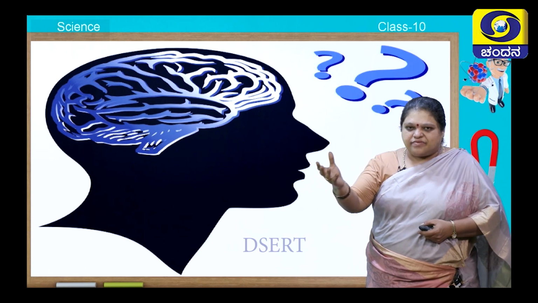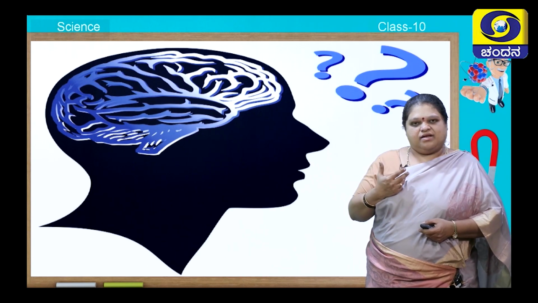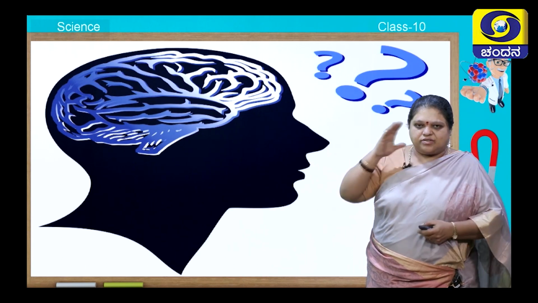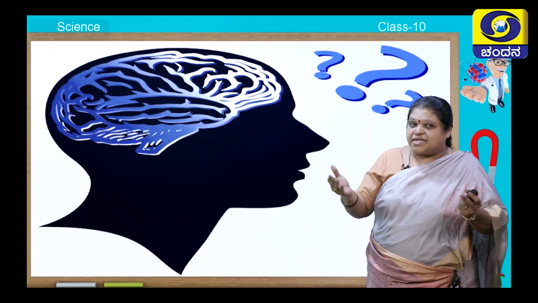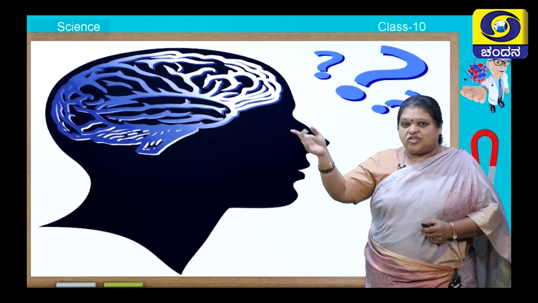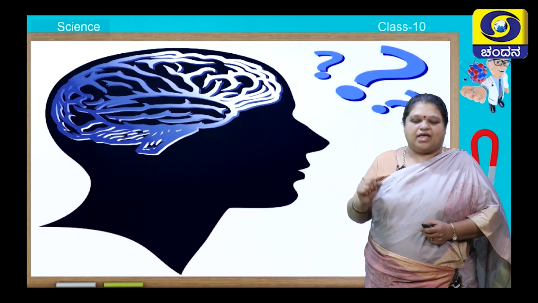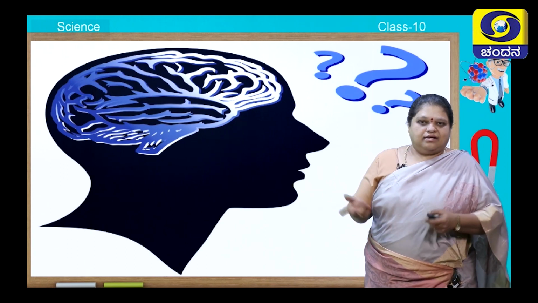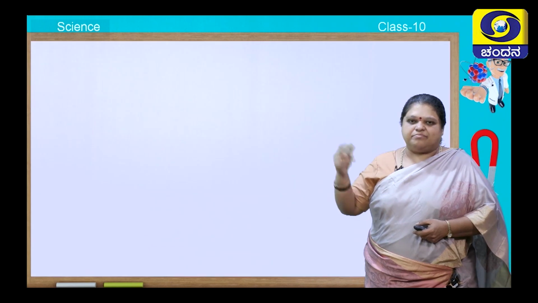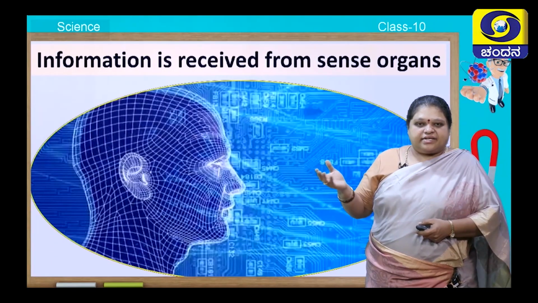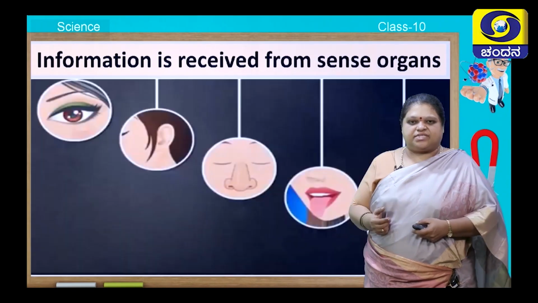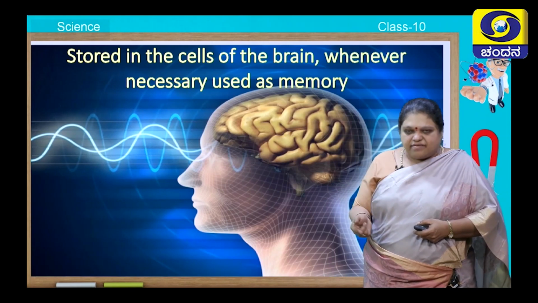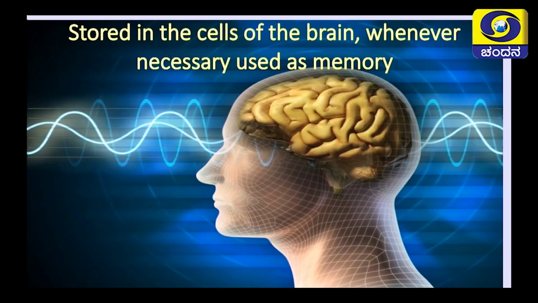It can receive impulses from various surroundings to the brain. It receives messages from the sense organs to the brain, and then whenever it is required, it is utilized. You call that as memory.